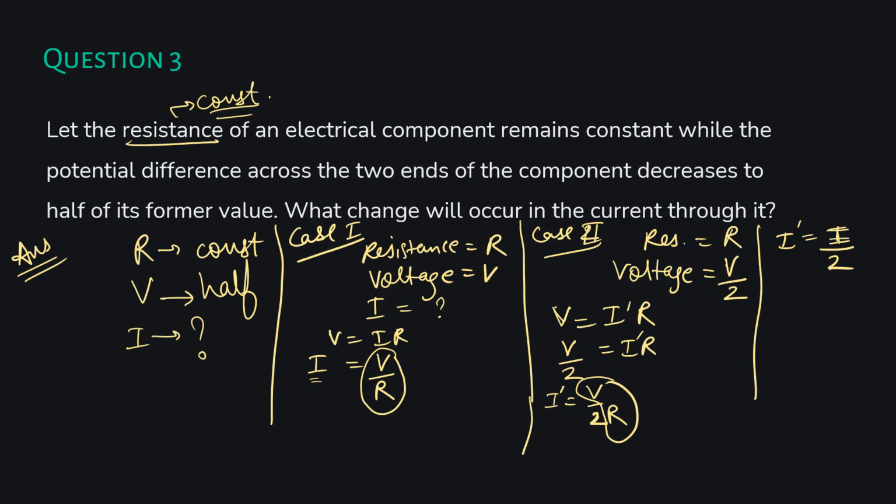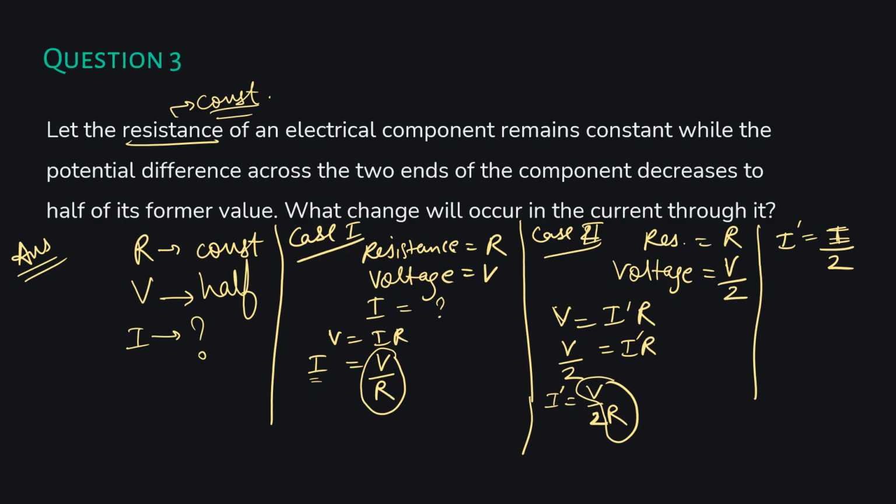So can you say that it is somewhat verifying your Ohm's law? What did Ohm's law say? That the current and the potential difference are proportional, which means if current increases, potential difference also increases. So in the question, what happened? V became V by 2, that means V became half. And the current also became half, right?